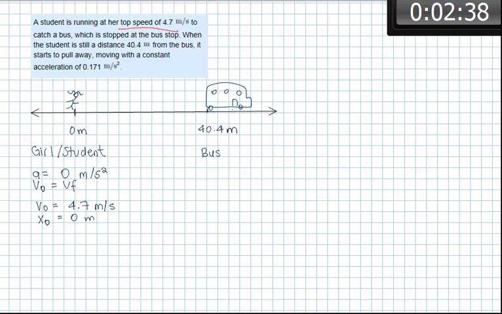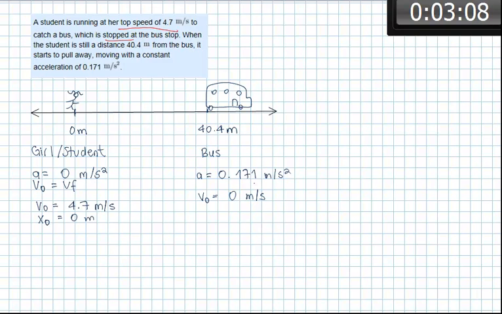Now, the bus has different givens. We know that it has an acceleration of 0.171 meters per second squared. But we know that the bus is stopped at this point, so the initial velocity of the bus is 0 meters per second.